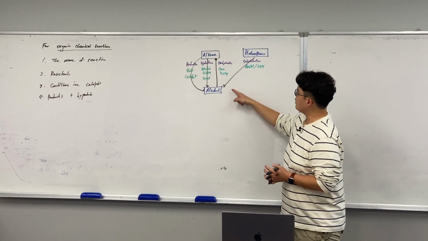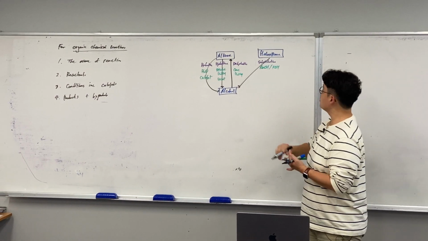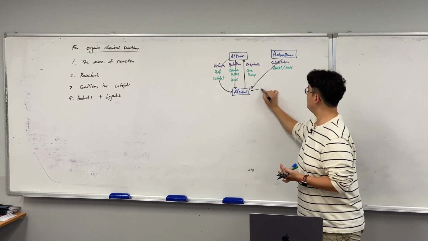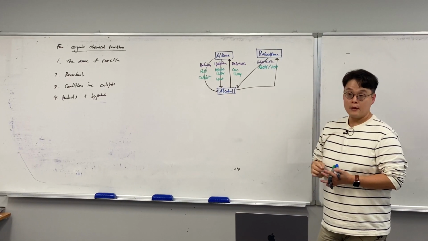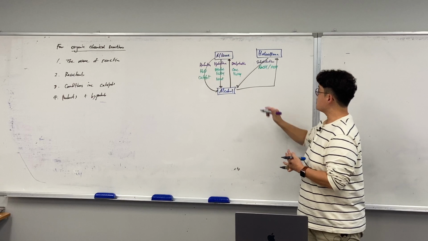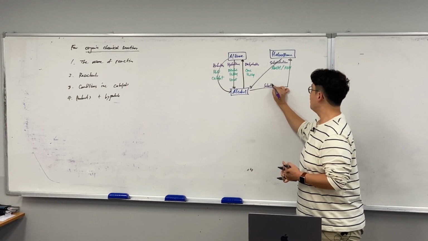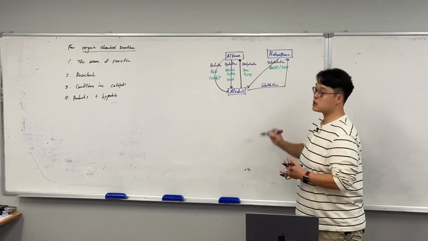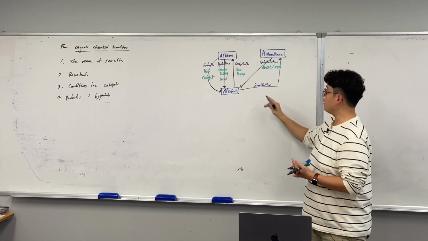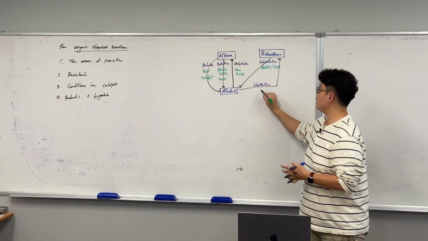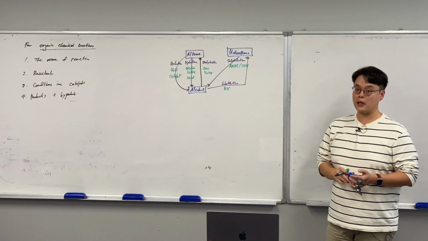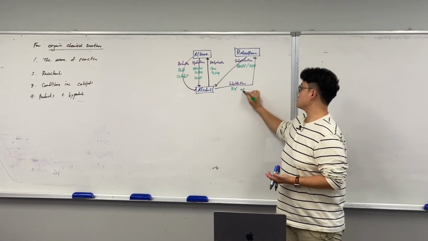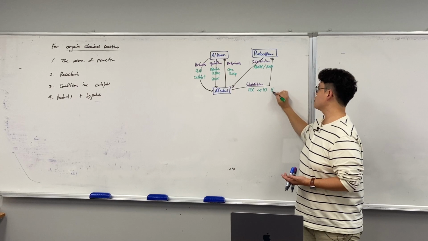Is there any way we can go back from alcohol to the haloalkane? Like this? Yes, this is another substitution too. In this case for the alcohol, we are adding some HX, which is a hydrogen halide, for example HI or HBr.